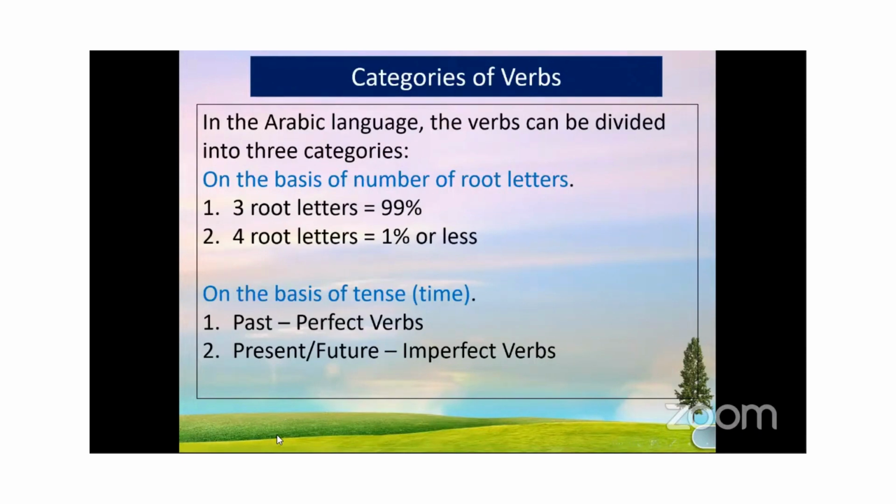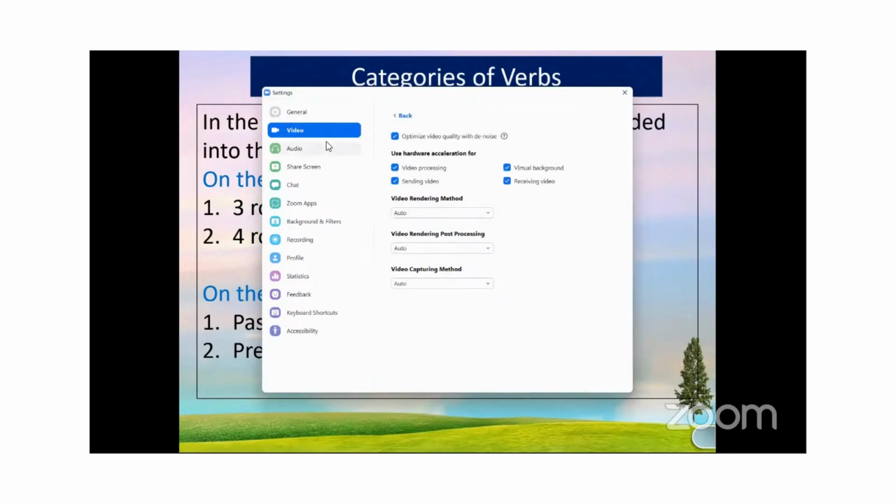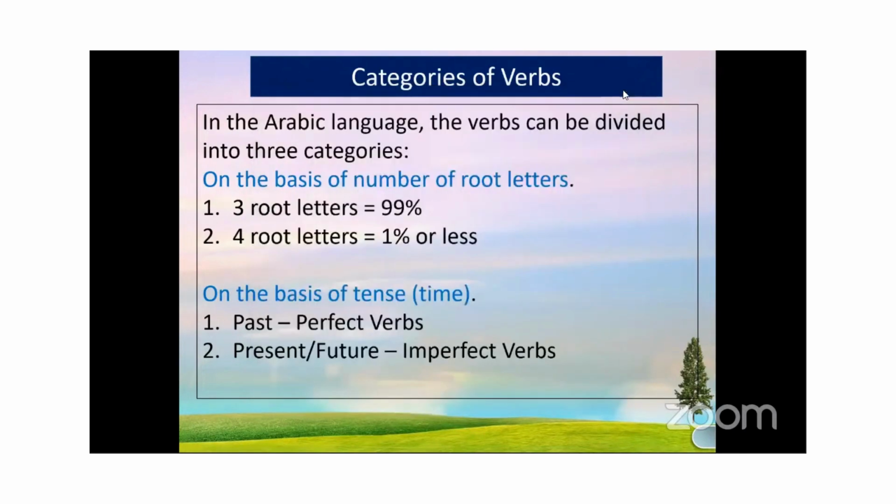Okay. I'm trying to start my camera, but it looks like it's not working. I don't know what happened here. I was just playing with it and it just stopped working on me. Now, if I stop this meeting and I come back, maybe it will start working. So don't go anywhere. Can I just quickly leave the meeting and join again? We are online, inshallah. But before I do that, I have to make somebody a co-host, otherwise this meeting will end for all of you.